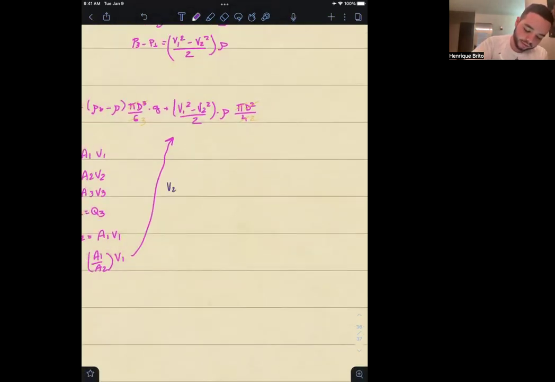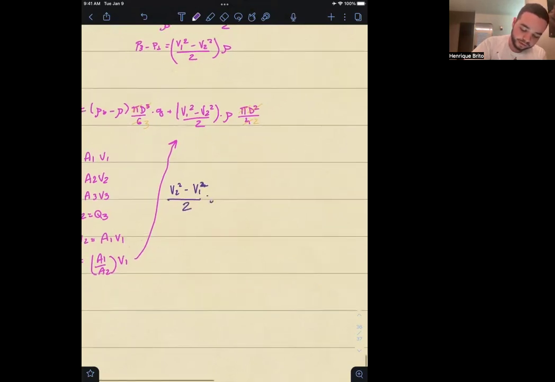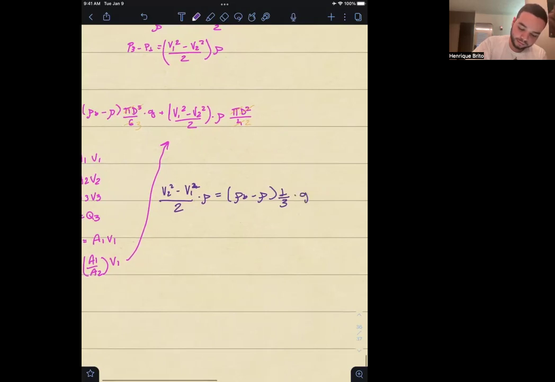So V2 squared minus V1 squared times density is equal to something times G. We forgot the 1.5 here. Okay, so we have that.